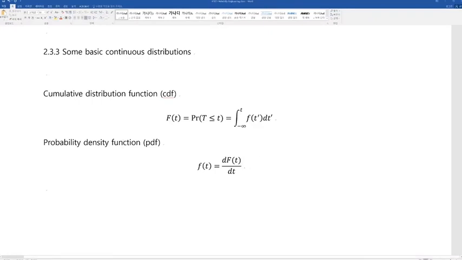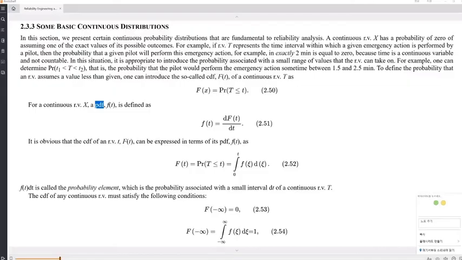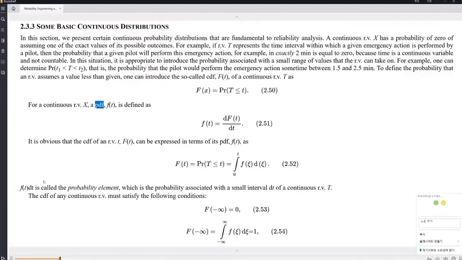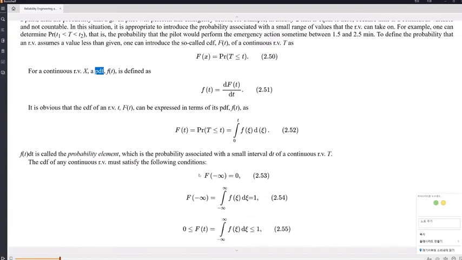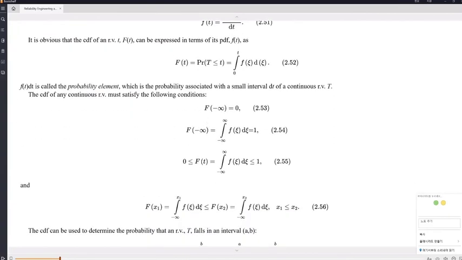And let's go back to the textbook. So the cumulative distribution function when t approaches minus infinity would be 0.